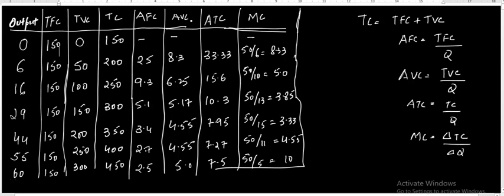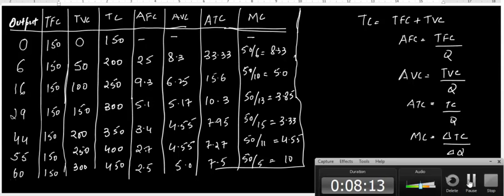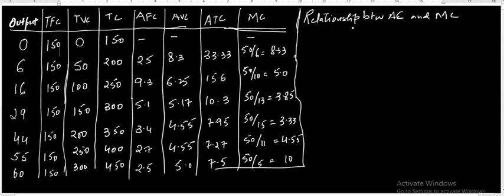So now we can talk about the relationship between the average cost and the marginal cost. Now let me first rub this down. I'll be talking about the relationship between the average cost and the marginal cost.